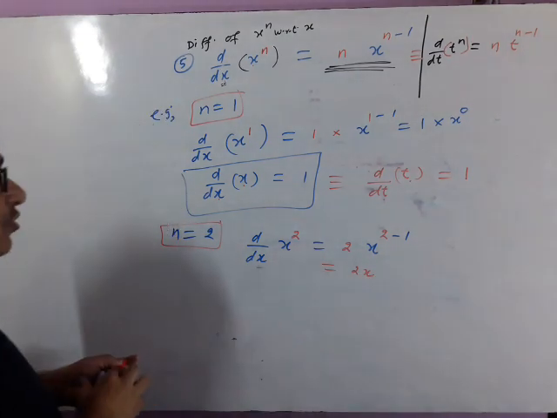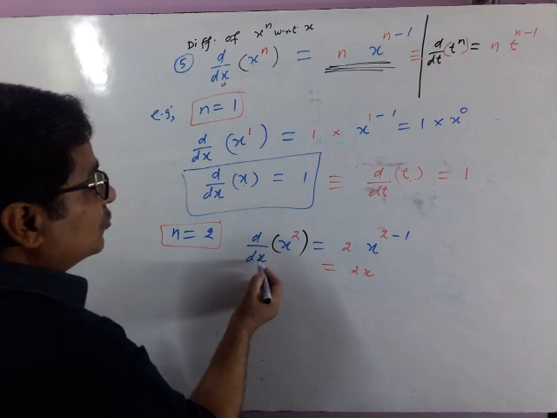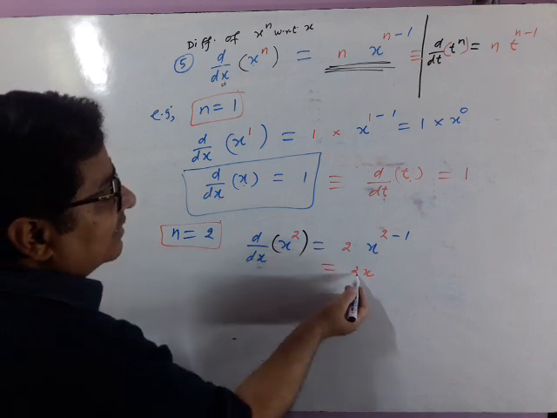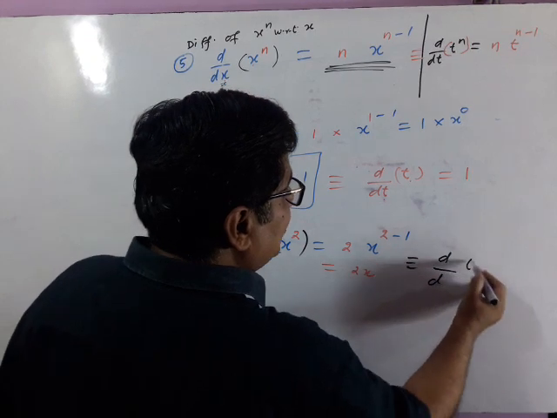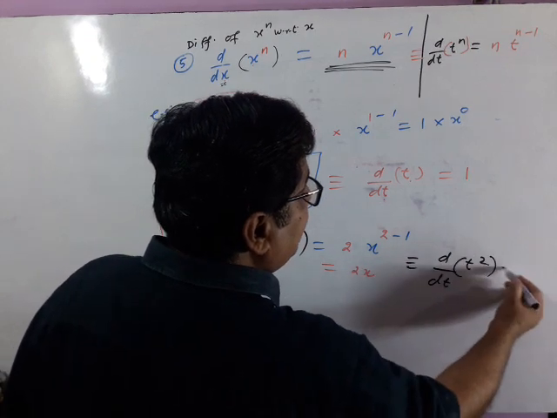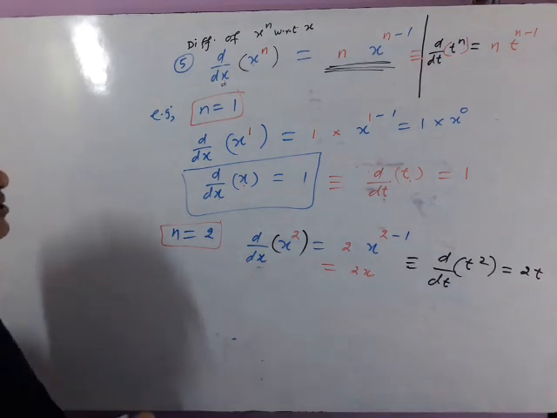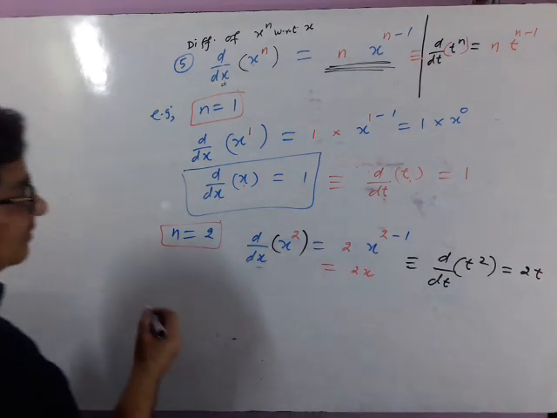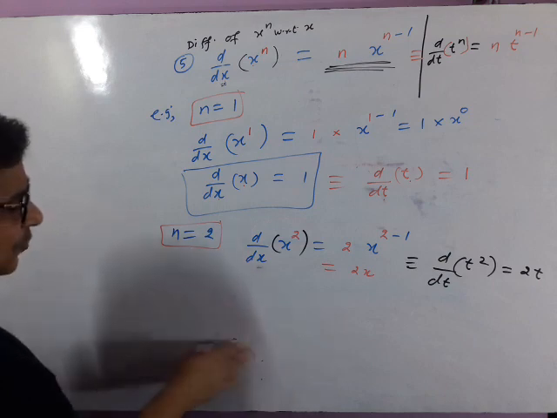So this is another formula. What is differentiation of x square? Differentiation of x square is 2x. Similarly, you can say differentiation of t square with respect to t is 2t. So these are the basic formulas you should remember. Similarly, you can do it for n equal to 3, n equal to 4.